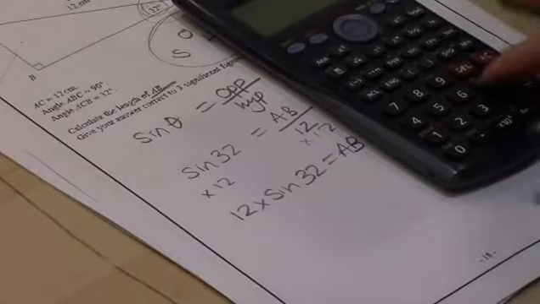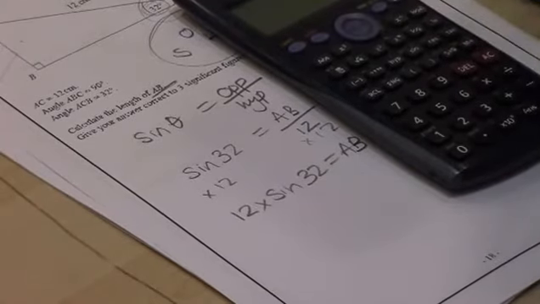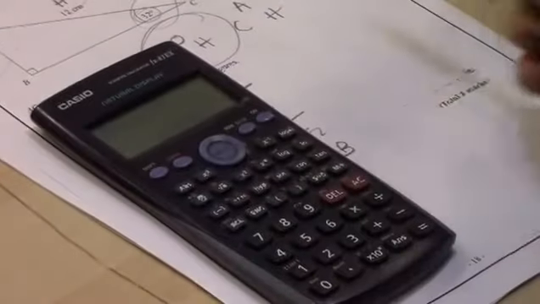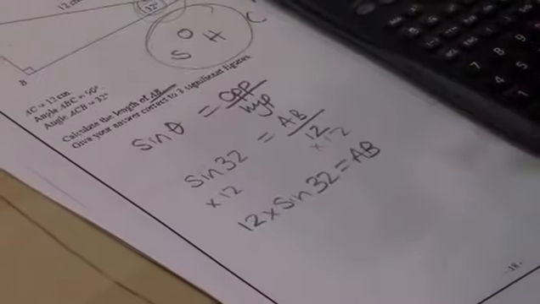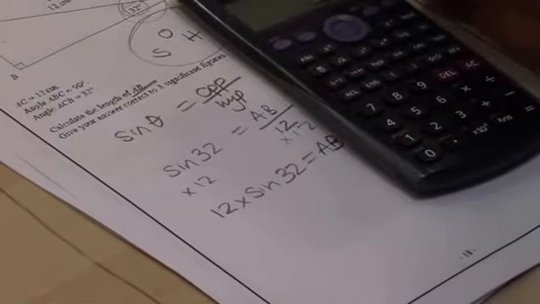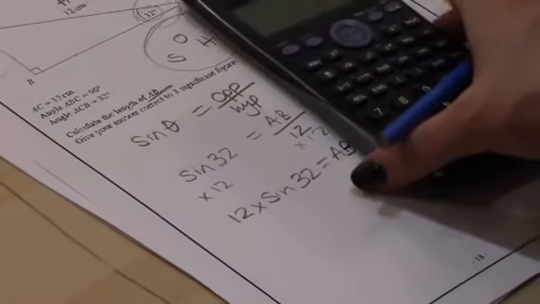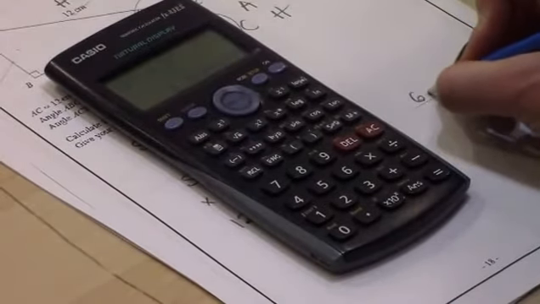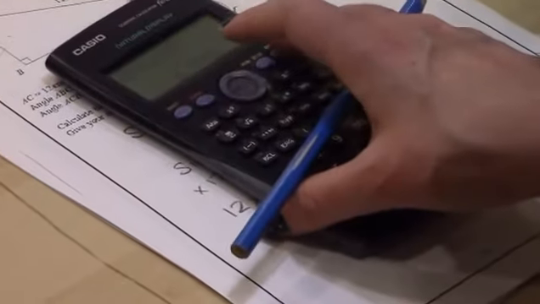So 12 times sine of 32 is equal to 6.35903. Now you're being asked to give it to 3 significant figures, so it's going to be 6.35. Then we look at the next digit, which is a 9. So in this case we round up, so our answer is 6.36 centimetres.